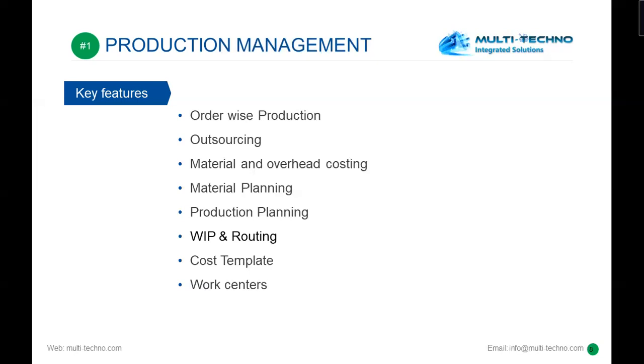For each process you can also manage a cost template and calculate what type of cost is incurred in which process. That's why WIP and routing is very important for a manufacturing ERP, because we need to manage each process's production and costing, labor cost, and other costs. So we will create WIP and routing, cost template, and work center in our system. I will show you how it operates.